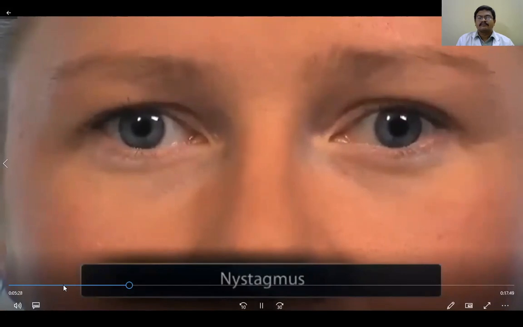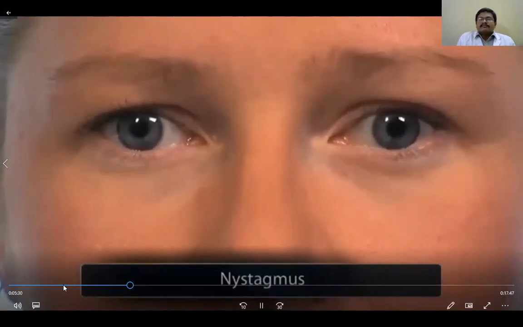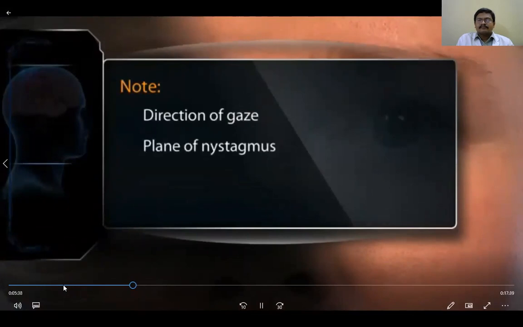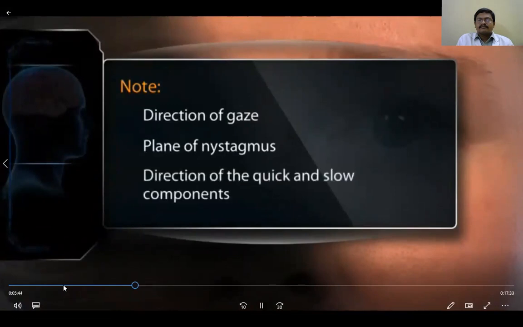Identify any nystagmus, an involuntary jerking of the eyes with quick and slow components. Note the direction of the gaze in which it appears, the plane of the nystagmus, horizontal, vertical, rotary, or mixed, and the direction of the quick and slow components. Note that nystagmus is named for the direction of the quick component.